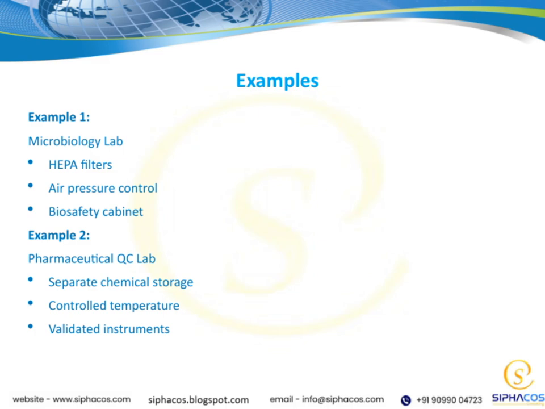They guarantee that our measurements and testing results are accurate and reliable, which is fundamental in quality control. These examples highlight how tailored safety and environmental controls are implemented depending on the specific needs of each laboratory type, all contributing to the overall theme of maintaining integrity and safety in laboratory environments.